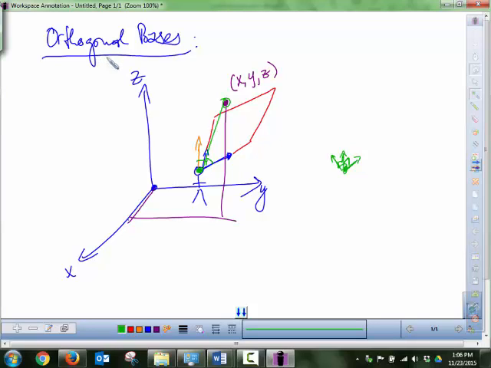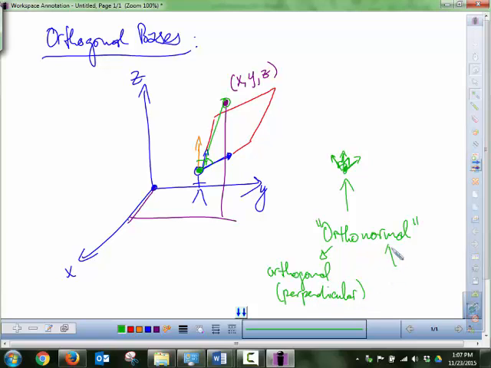So for an orthogonal basis, actually, the term that we're going to be using is orthonormal basis, where the ortho stands for orthogonal, which is perpendicular, and the normal stands for normal, which is length 1.